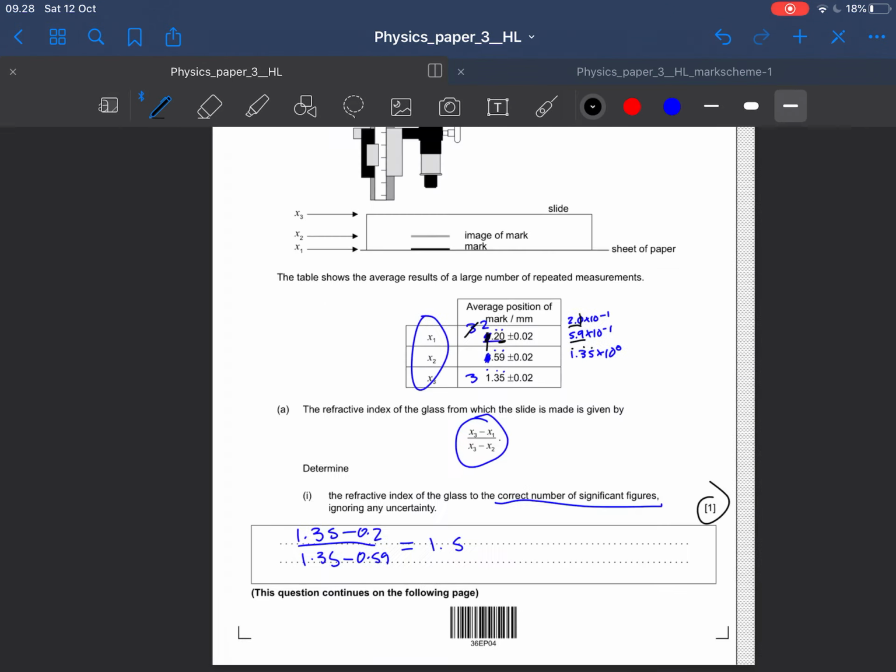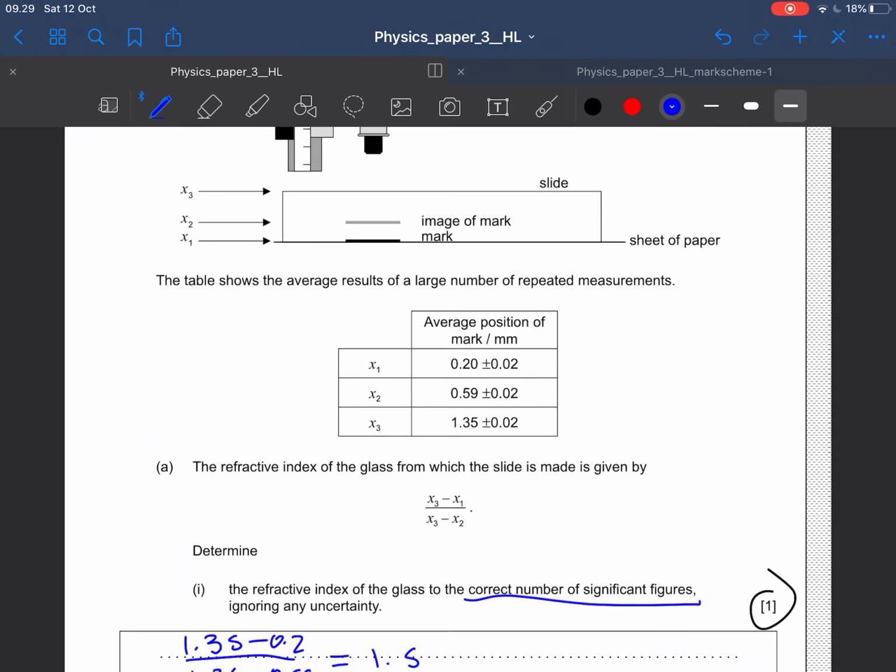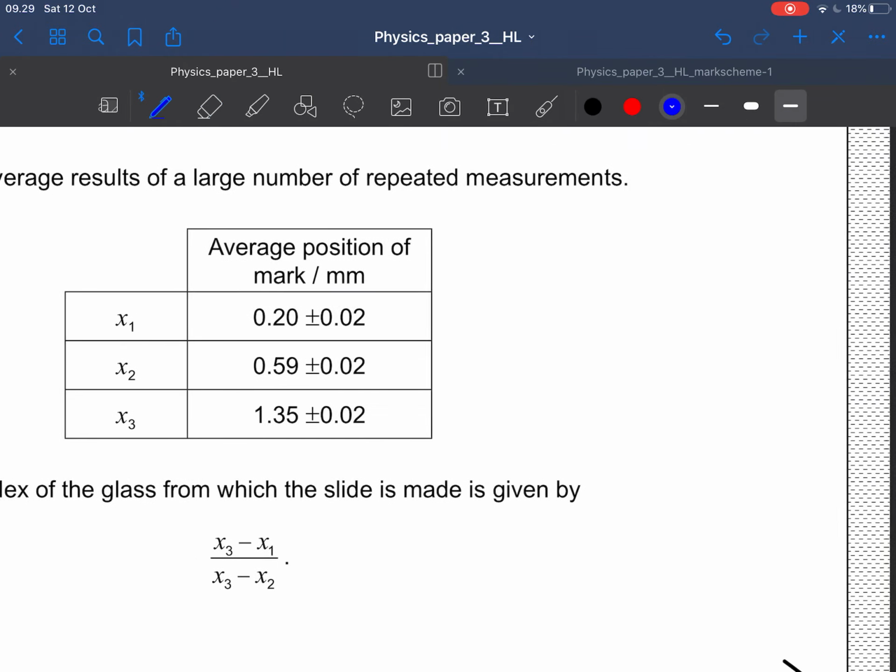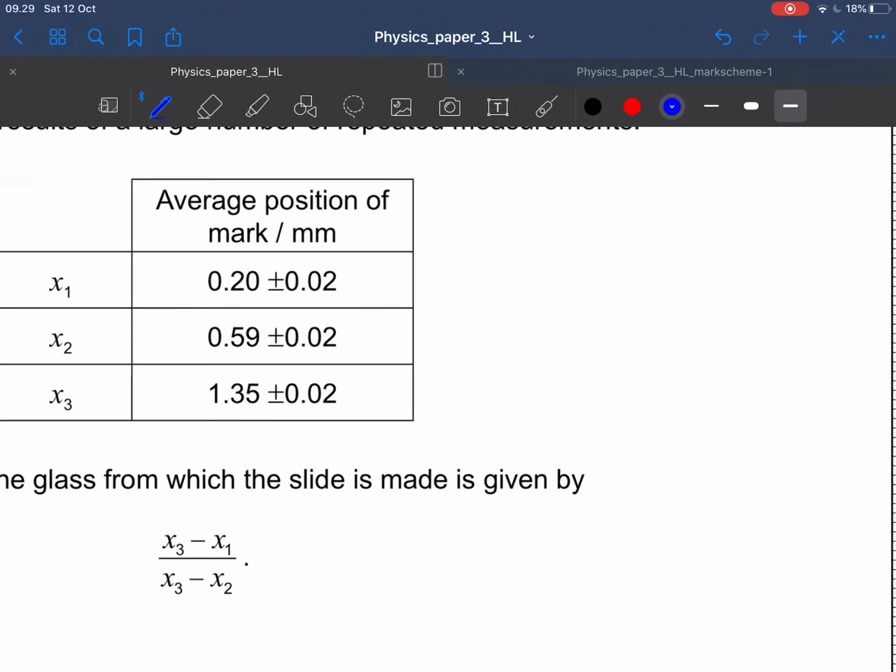Now this one's a little bit more tricky, but it is very much doable because you just use the basic rules of uncertainty calculations.